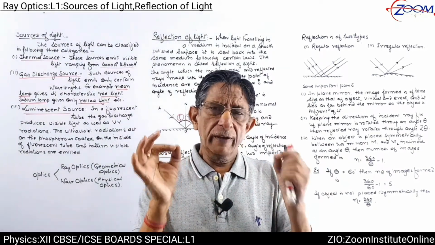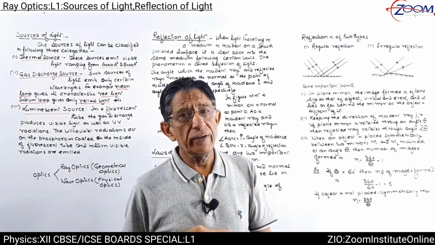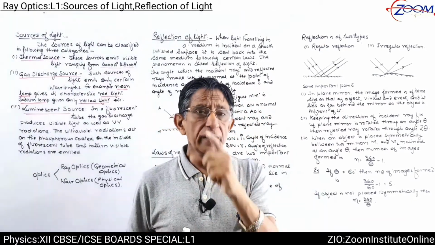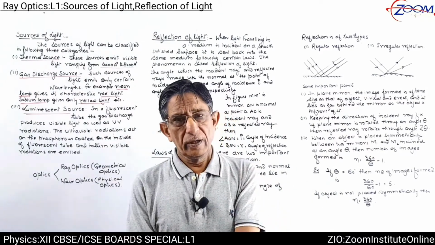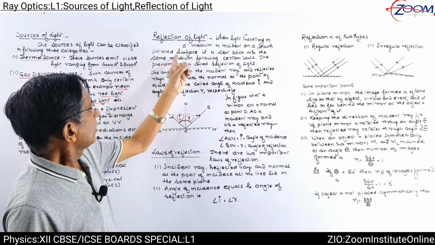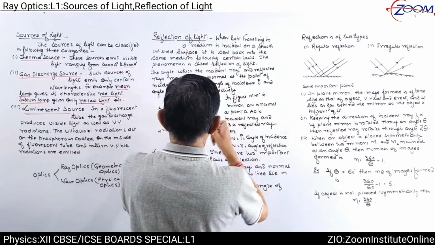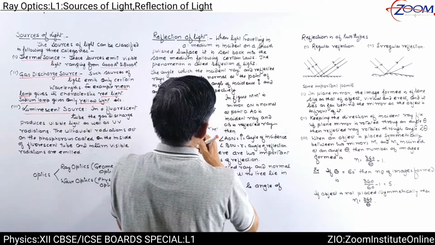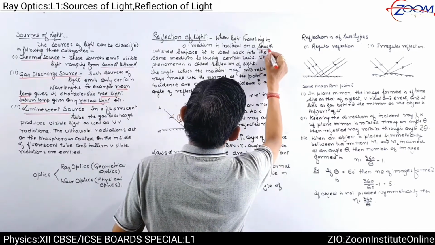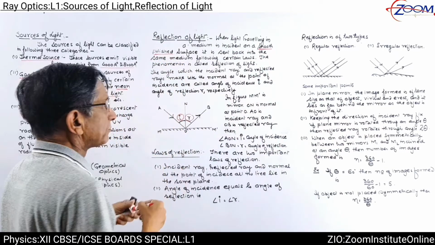Basically, reflection is of two types. One is called regular reflection and one is called irregular reflection. Reflection takes place from a surface which is smooth and polished.